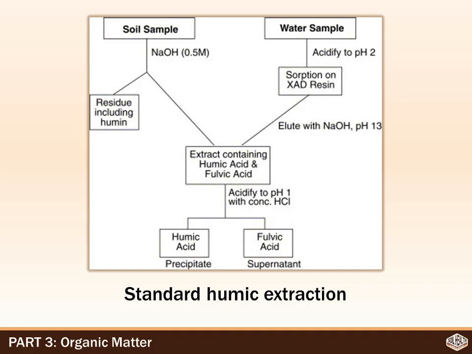That which is not able to go into solution and then remains in a solid form as a residue is called humin. From the extracted fluid, a very strong acid solution is introduced, at which point humic acid precipitates out and the fulvic acid remains in solution.